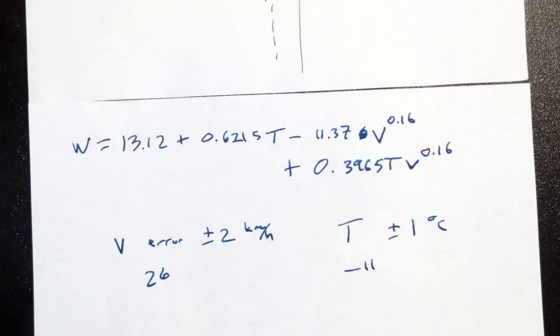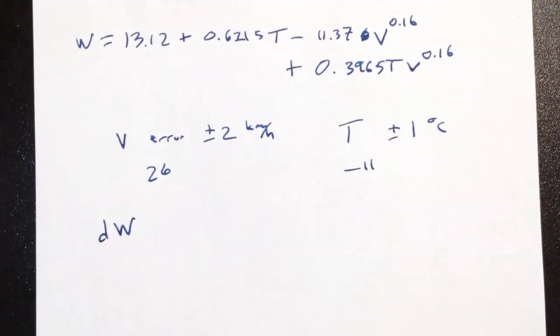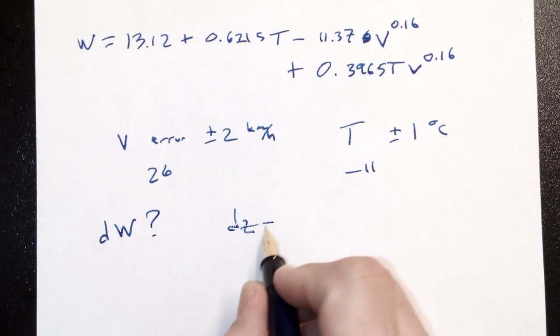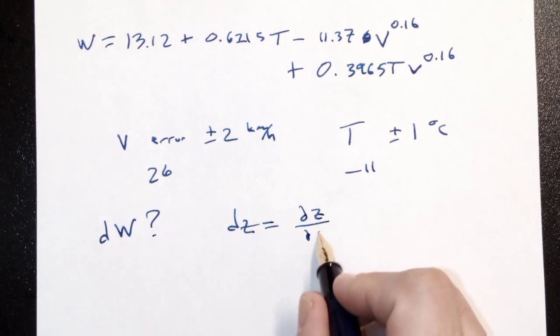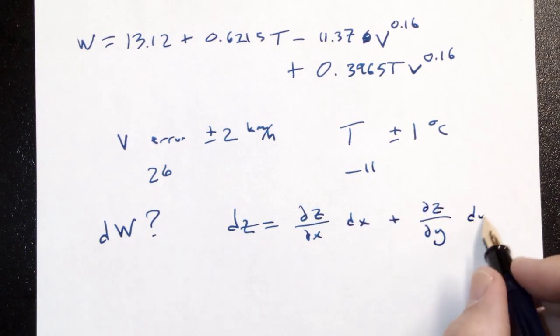How far off I could be is dW. So I need to know the total differential of W. But now I get to say that I actually have a formula for this. We did dz in terms of x and y. So I go back and say, wait a minute, there was a formula. dz was partial z with respect to x times dx plus partial z with respect to y times dy.